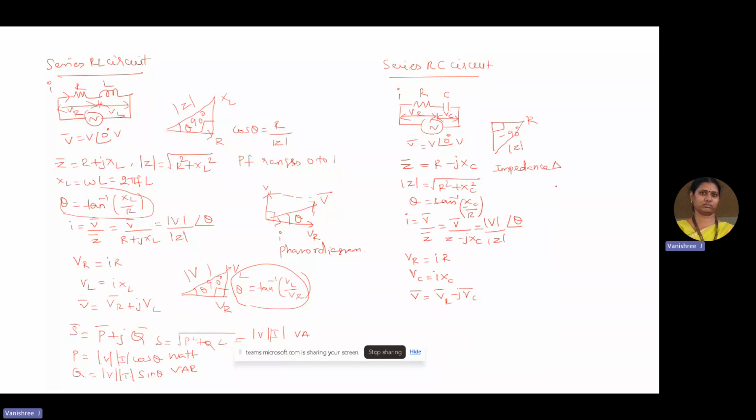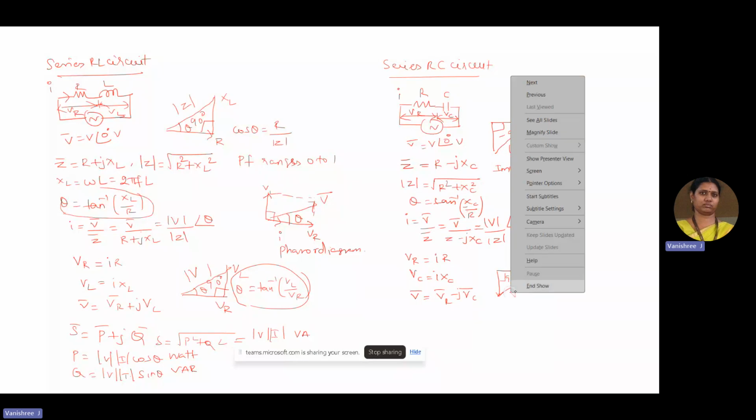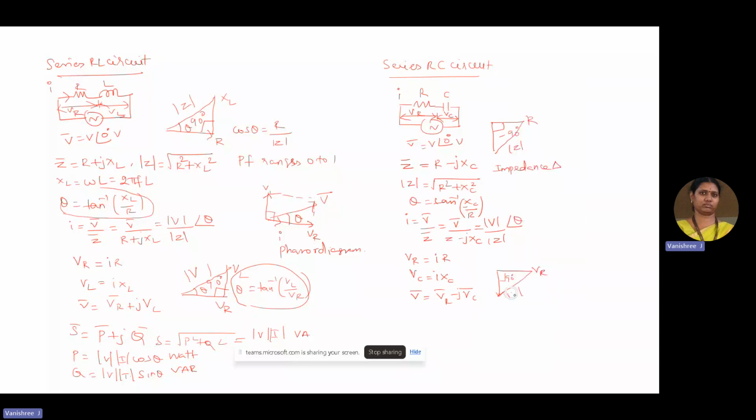Then coming to the voltage triangle, in the same way, VR can be taken along 0 and VC along minus 90 degrees, and the supply voltage is along the hypotenuse.